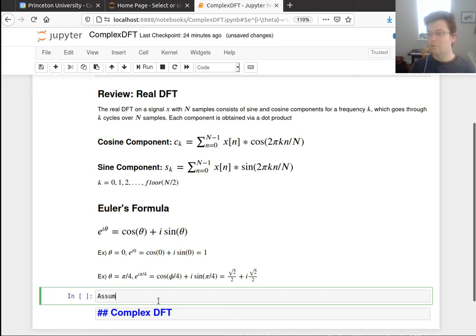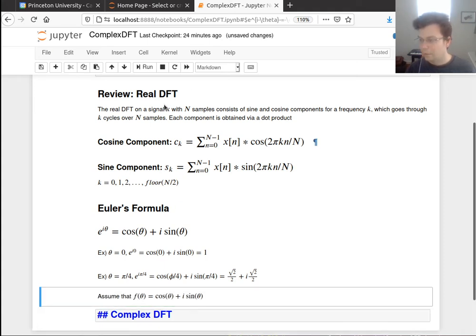So let's assume that we have a function. So I'll say assume that we have a function f of theta equals what we're looking for, cosine of theta plus i sine theta. Let's just take the derivative of this function.